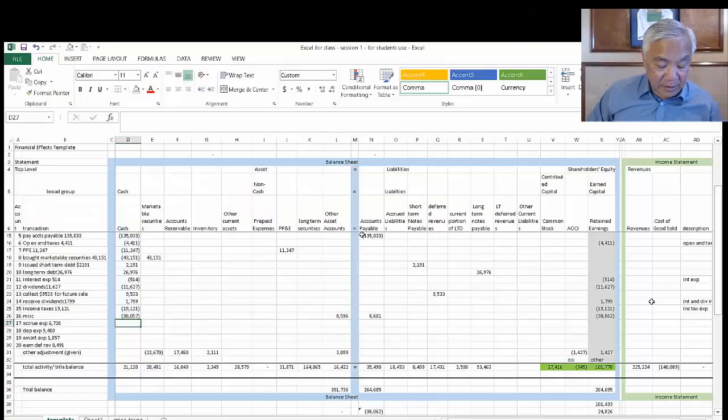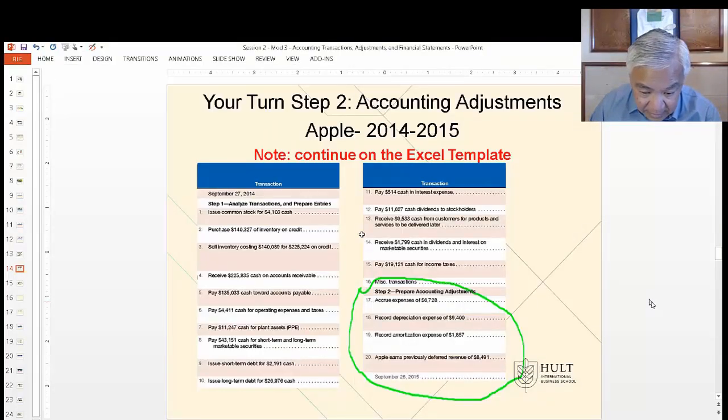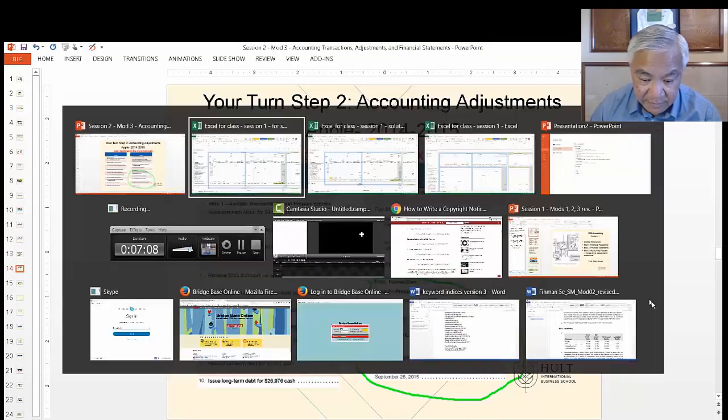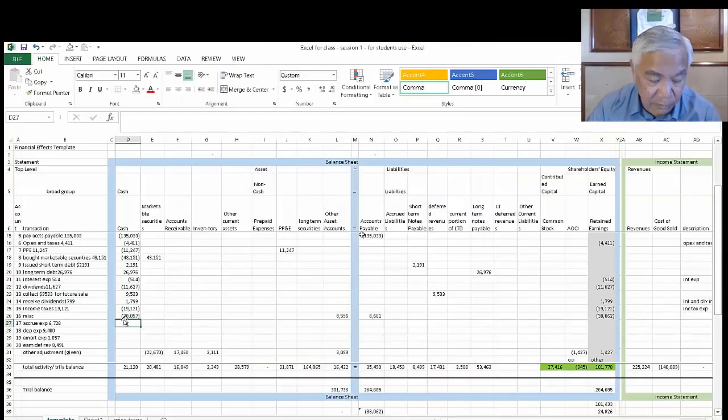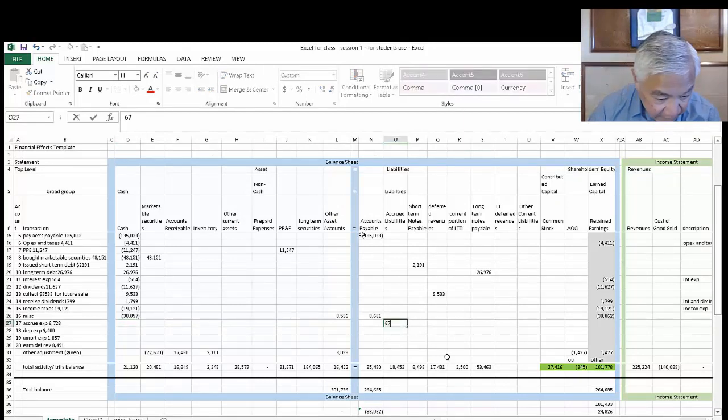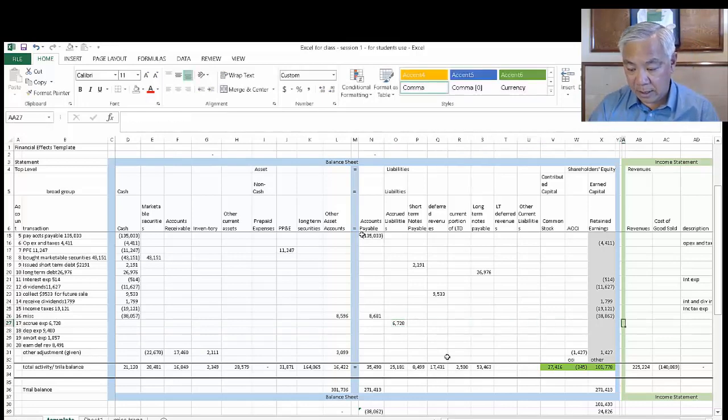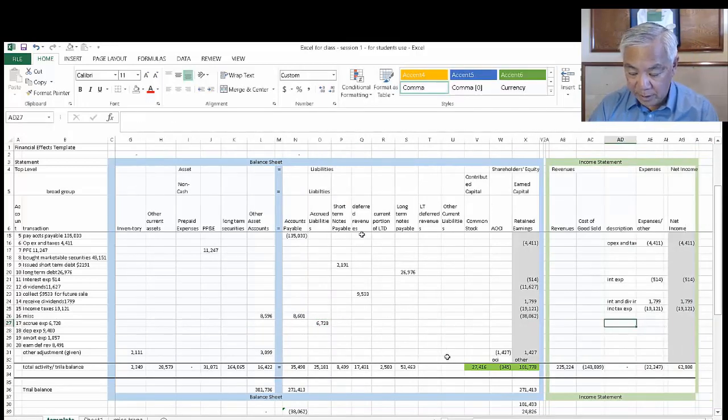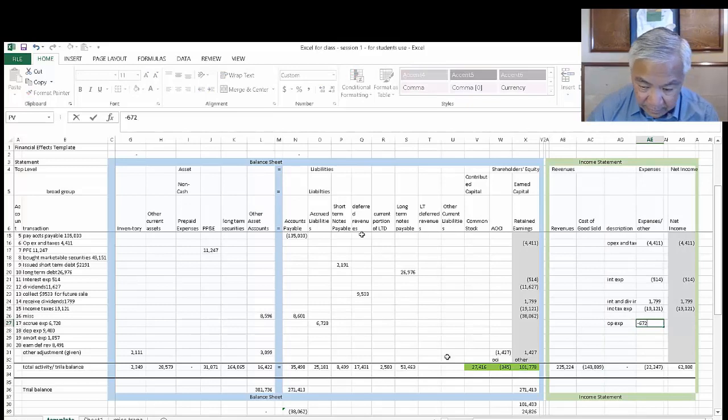All right, so the first transaction is accrued expense of $67.28. It's right here. When we accrue it, that means we didn't spend it, which means we owe money. So we're going to have $67.28 as accrued expense. And here on the income statement, we'll just call it an operating expense since it was vague about it. So the amount is negative $67.28.